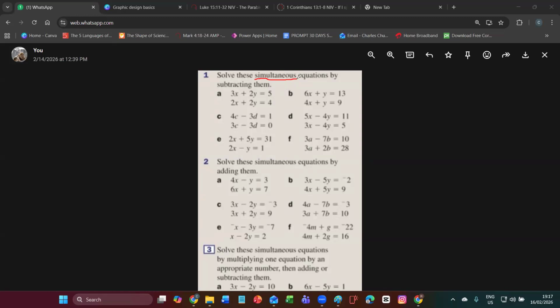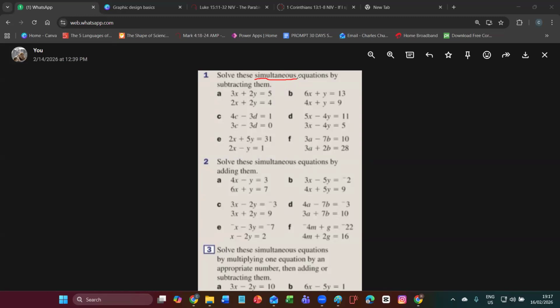So let's bring that idea to mathematics now. What do simultaneous equations mean? Simply put, equations are said to be simultaneous if they are true at the same time for the two or more unknowns.